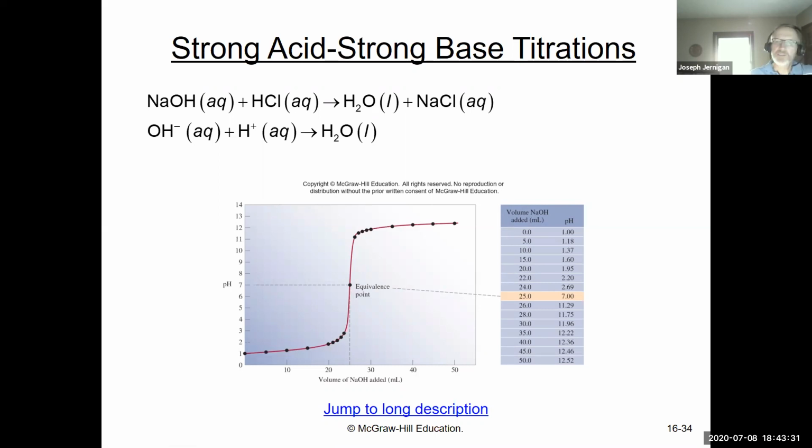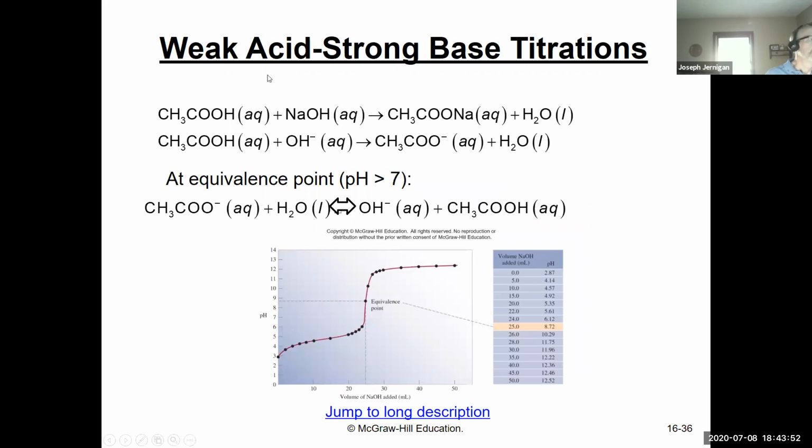It's as simple as that. And so at that equivalence point, if you know the concentration of your base titrant, you can quantify the unknown amount of strong acid in your solution. And that's what this graphic illustrates.